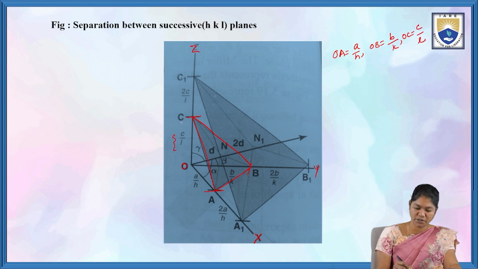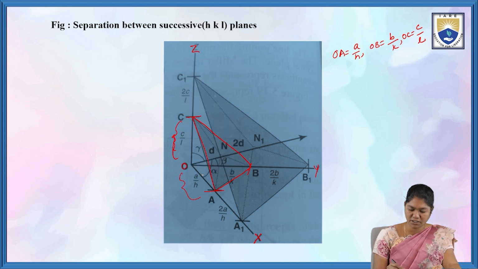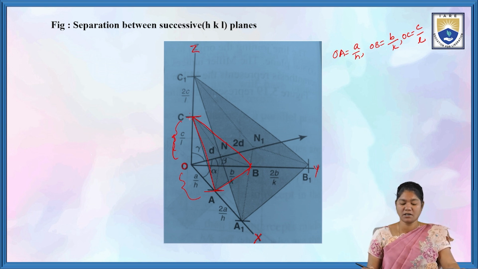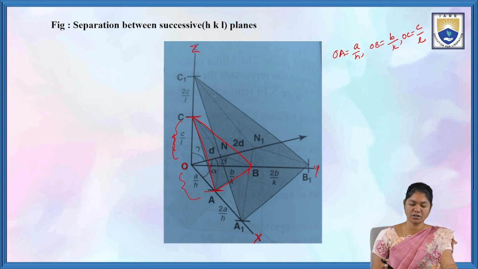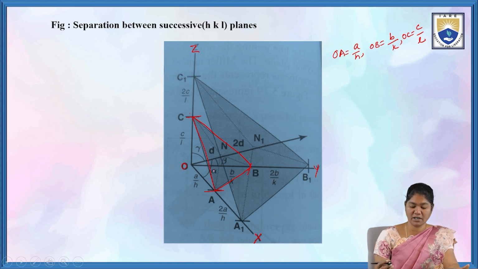So the distances OA, OB and OC are the intercepting distances from the origin, and the angles made with them. So that's why we are taking a normal to the plane.